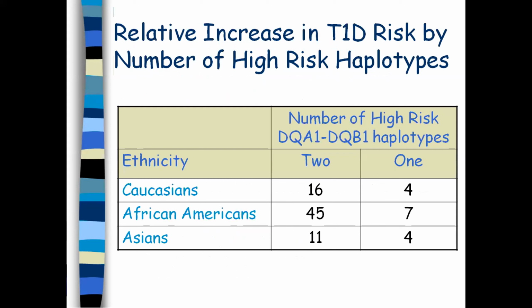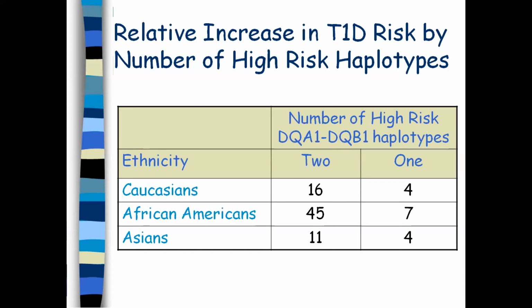So when we are talking about relative incidence in type 1 diabetes risk by the number of high risk haplotypes, ethnicity, that is DQA1 and DQB1, we compared. So here ethnicity is 2:1. When we are saying the relative risk of those genes in Caucasian, DQA1 is 16 while DQB1 is 4.